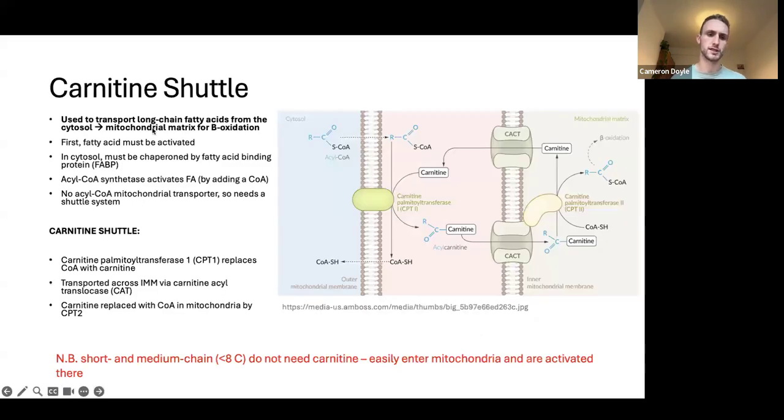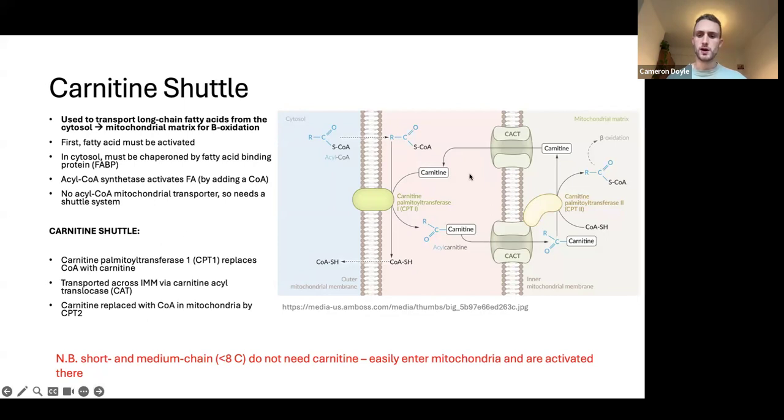Okay, so this is the carnitine shuttle. The carnitine shuttle is responsible for the uptake of fatty acids from the cytosol, once they've got into the cell, into the mitochondrial matrix for beta oxidation. So this is the process of breaking down fatty acid chains into acetyl-CoA, which can then enter the TCA cycle and be used for ATP production and energy.